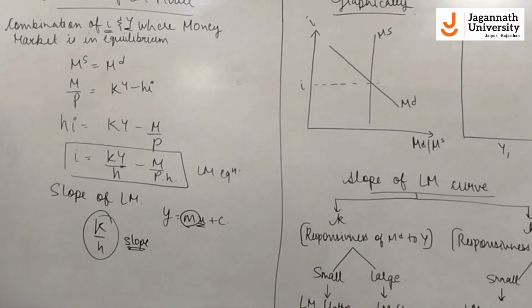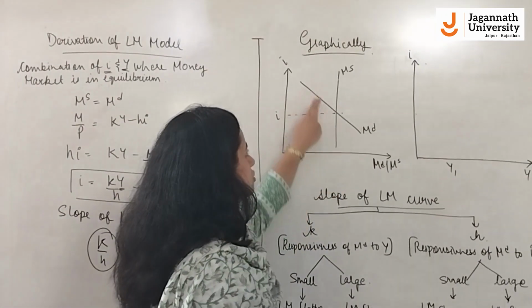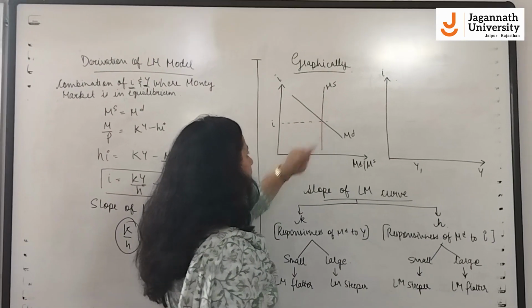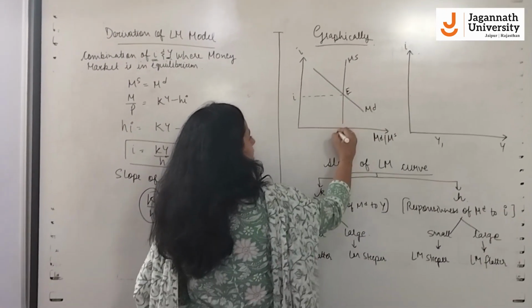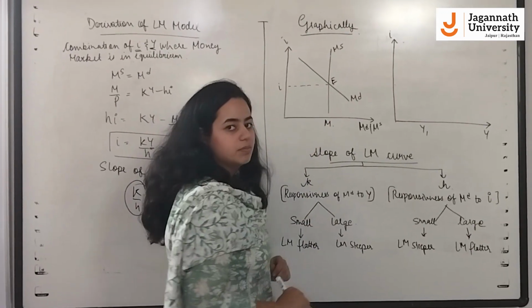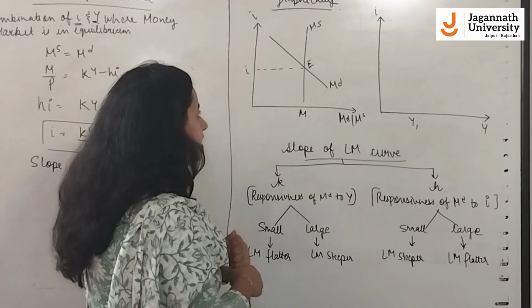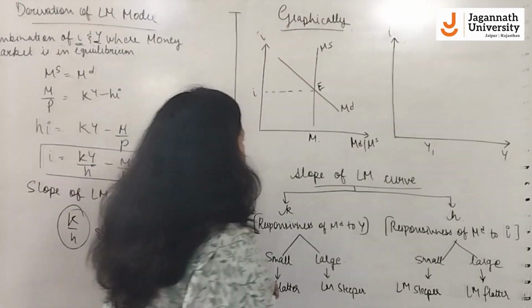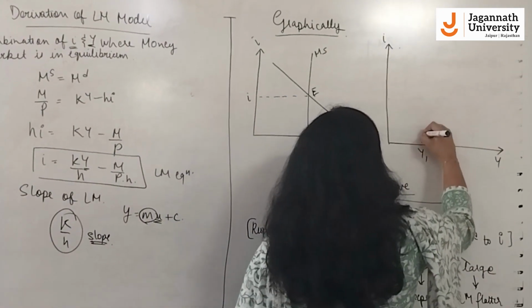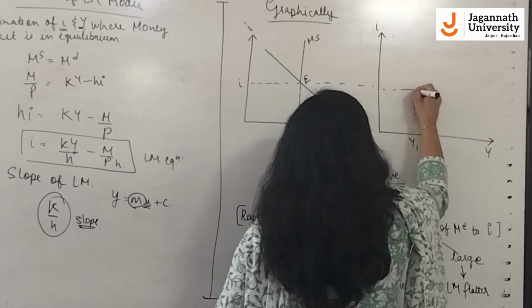Now let's take it up graphically. Here I have the initial situation, money demand and money supply in equilibrium at point E with interest rate I, and this is my supply of money at the equilibrium level. This money demand must be at some level of income. So let us suppose that this is that level of income and I bring this forward like this.